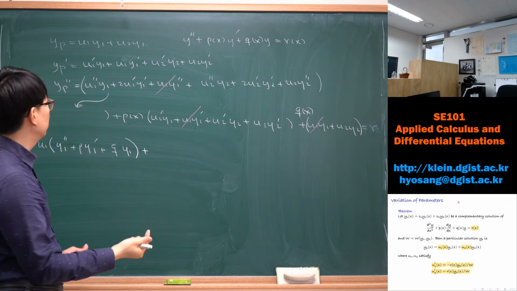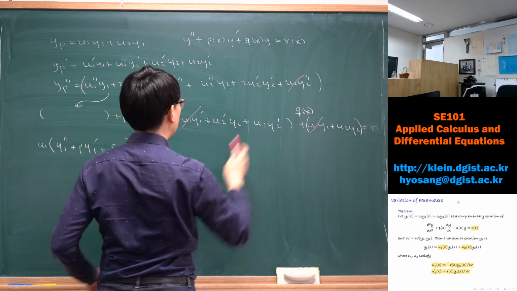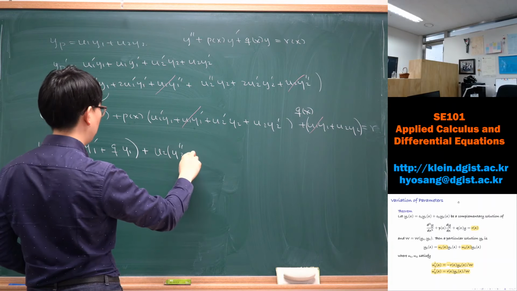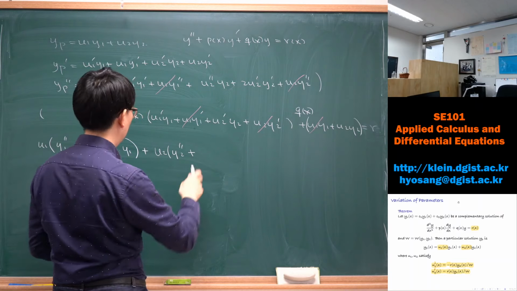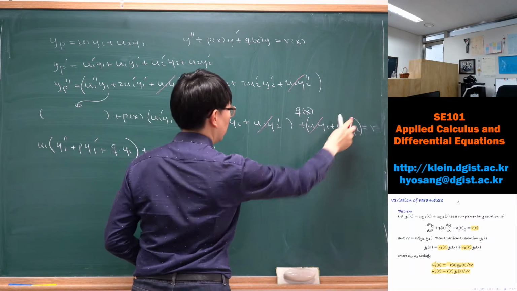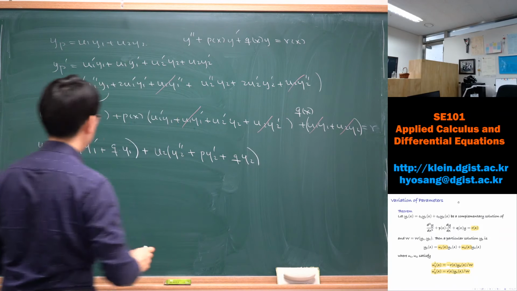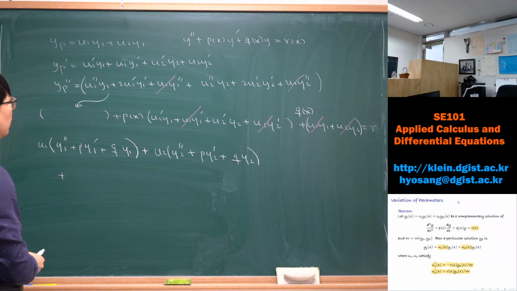And how about we combine u2 here: y2'', plus u2 here, p y2', and u2 here, q y2. Okay, and let's combine the rest of the terms.